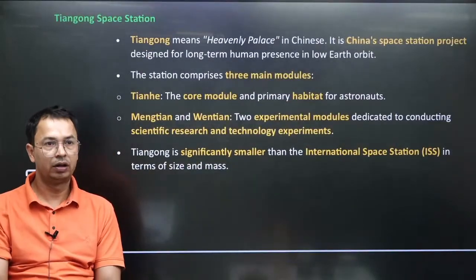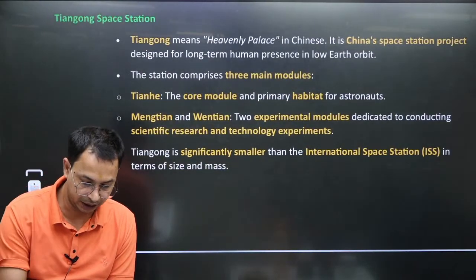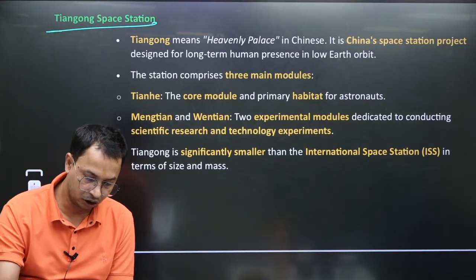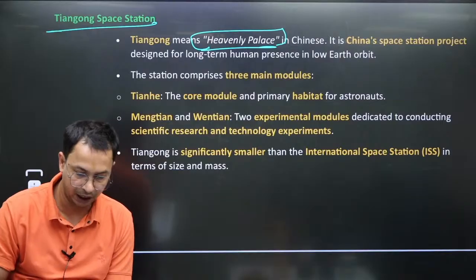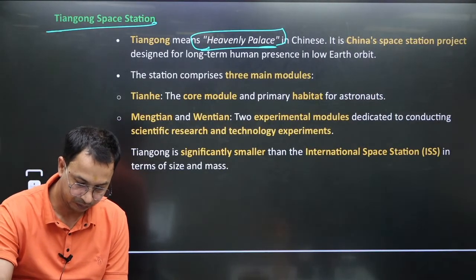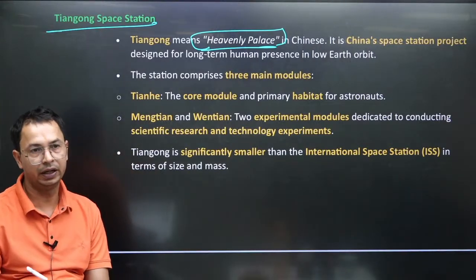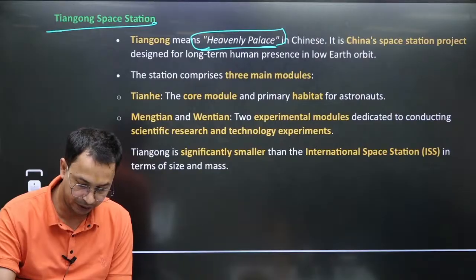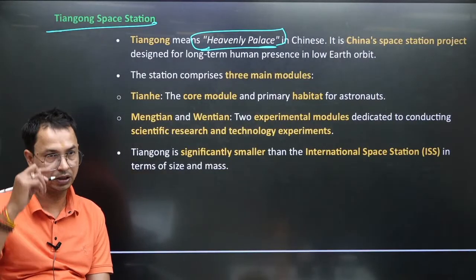Then we have another space station, that is the space station of China, Tiangong. Tiangong means the heavenly palace in Chinese, and this Chinese space station will be in low earth orbit, and it will have human presence. In the Chinese space station we have 3 modules.